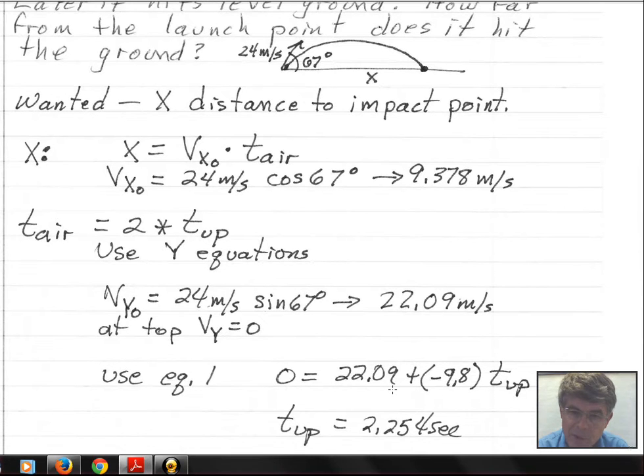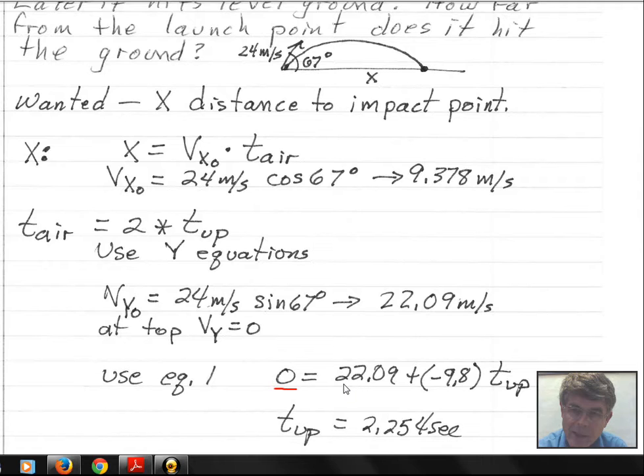Well, equation 1 can easily be used to produce the time to go to the top of the motion, the time up, I'll call it. So we have 0 for the final velocity at the top of the motion. Temporarily, the object's at rest in the vertical direction at the top. Remember, it still has the x motion, but this is only a vertical problem.